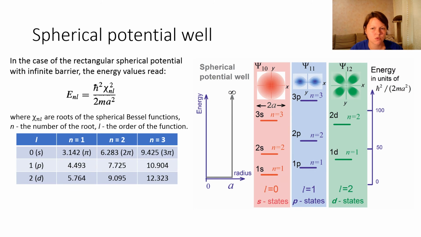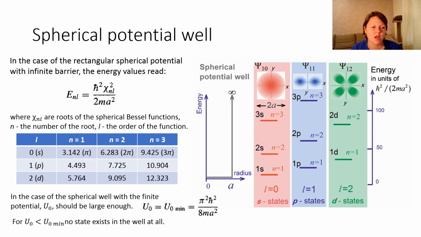But it's not really exact. And here is the case of the spherical finite potential well. And in this case, the minimum potential energy will correspond to this expression. If we have π in this expression, we'll have the minimum of the potential energy in the finite spherical well corresponding to this equation.